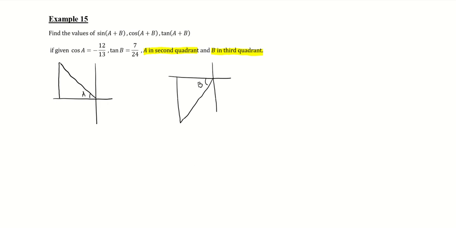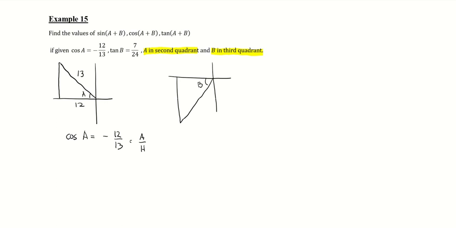Okay, so cos A is negative 12 over 13, and we know that cos is adjacent over hypotenuse, so that means the adjacent is 12 and the hypotenuse is 13.